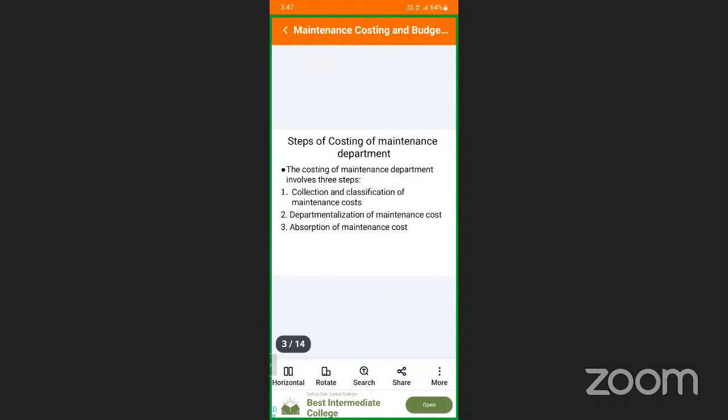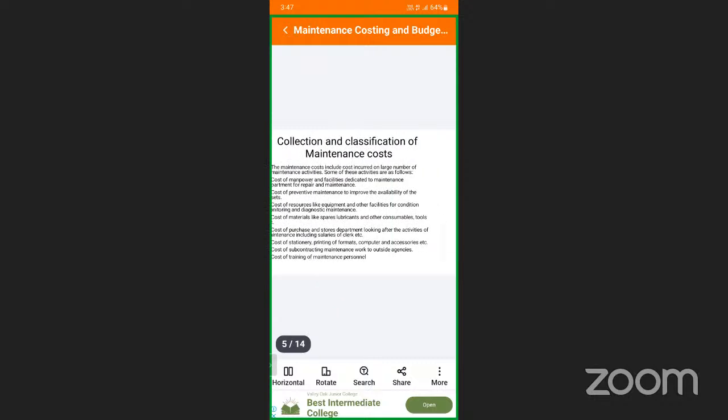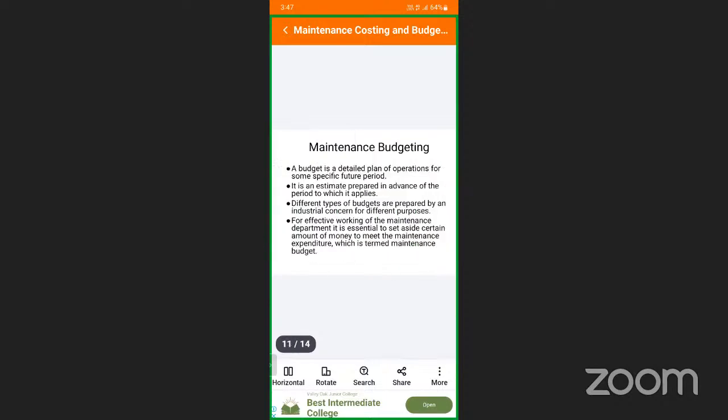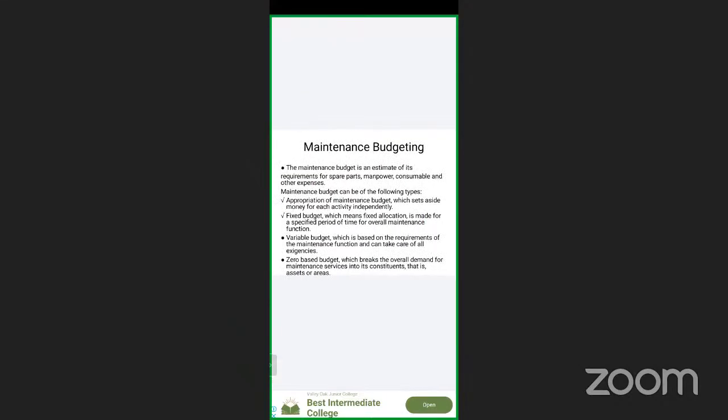We have to apportion the maintenance cost to different departments. The third step is we have to absorb all the different costs, like a sponge, and find out how much we are spending on maintenance. So this is how we find out the cost of the maintenance department. Is it clear?